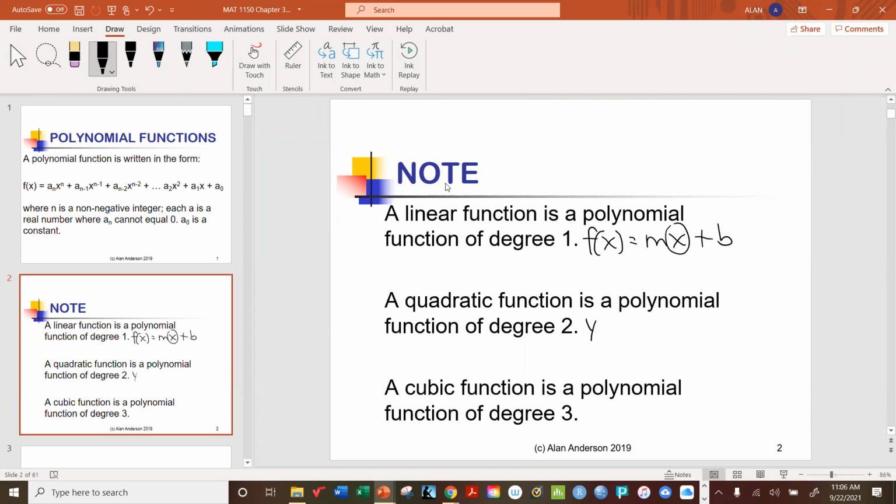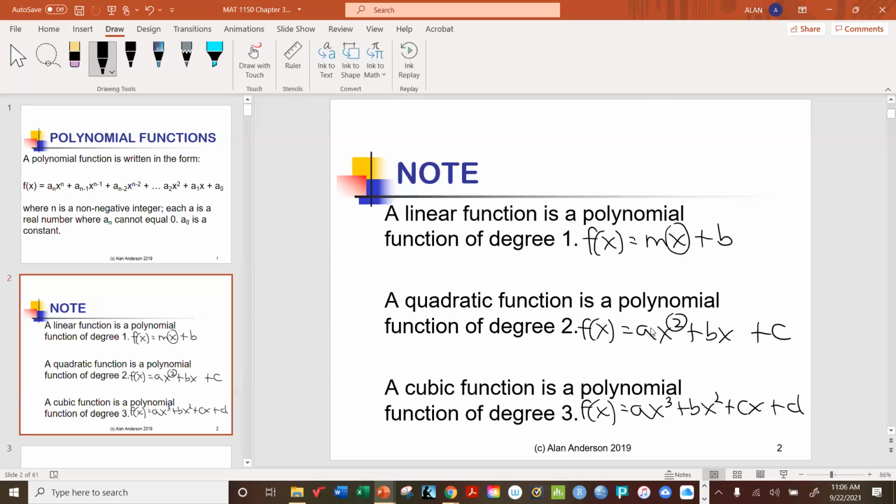A quadratic function has an x squared term in it, and that's why it's called degree 2, because we have a square in here. And then the third degree, the cubic function, is this one. It just means one of the terms at least has x cubed in it.